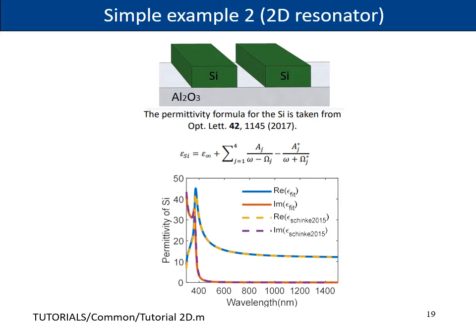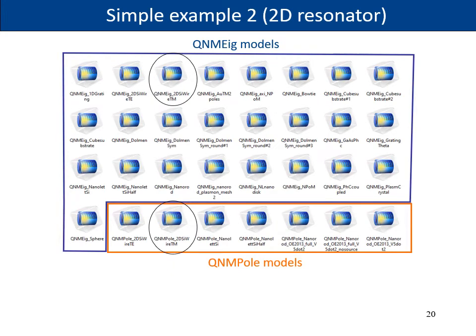Here by 2D, what I mean is that the electric field is invariant along the longitudinal direction of this silicon nanowire. The material of the nanowires is highly dispersive. Therefore, it is difficult to handle with a conventional linear eigenfrequency solver, such as the eigenfrequency solver of the radio frequency module in COMSOL. In the MAN models folder, there are two types of models.